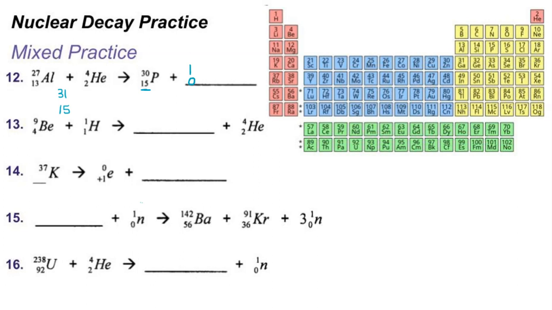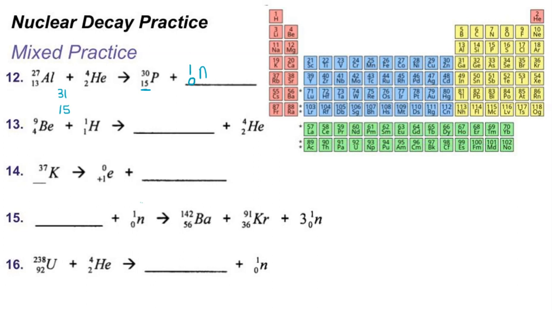So this has to be a neutron. That's the only thing that we have that has a mass of 1 AMU, but has no charge and no effect on the atomic number. So if we add a neutron, it impacts the mass, but it does not impact our atomic number. So this has to be a neutron there.